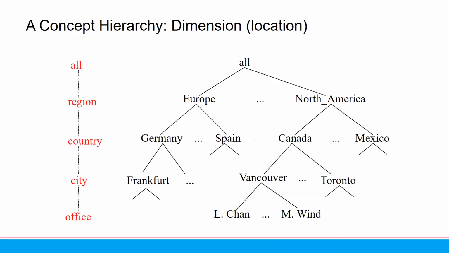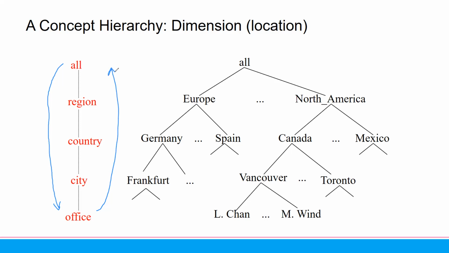The concept of hierarchy, I guess you already learned when we learned about data preprocessing. For the concept of hierarchy, we can use top-down, or if you have bottom-up, that is also a kind of hierarchy.